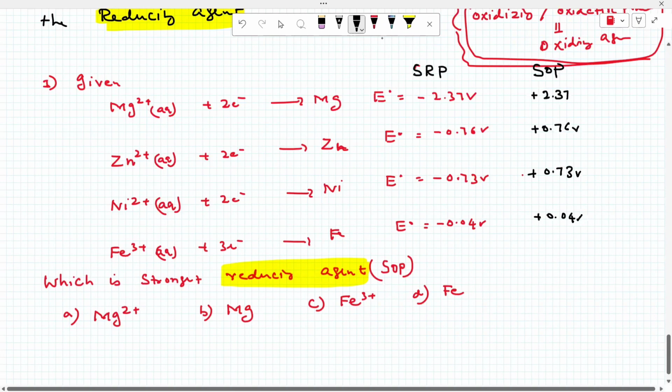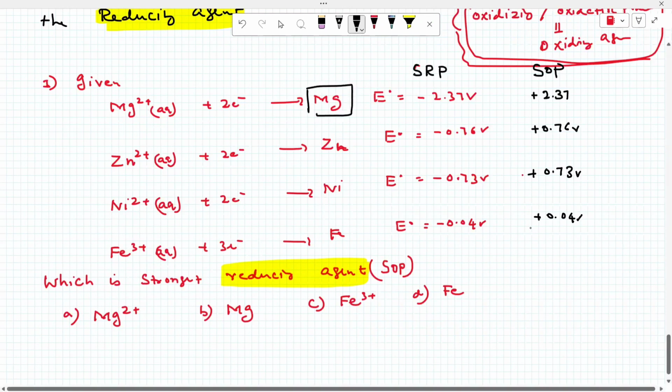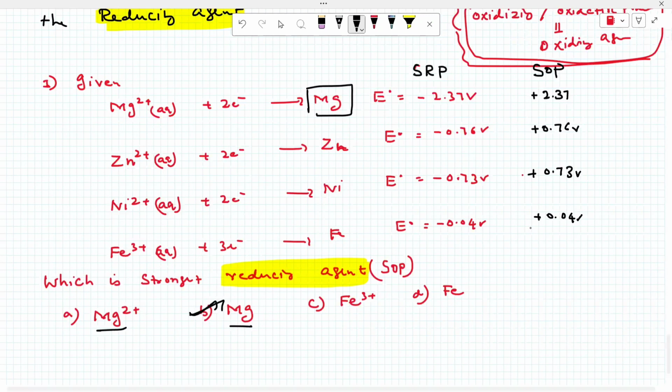Tell me, among these 4 SOP, which is the reducing agent? Anyone? Zinc 2 plus? Zinc? Which is the more positive value? Magnesium. Answer magnesium. Sorry, is the option magnesium 2 plus there? Now if you reverse this, the cell reverses. So the answer is magnesium. Understand?